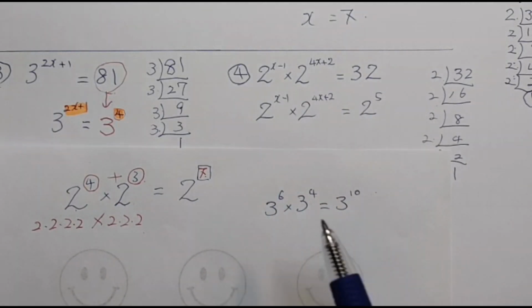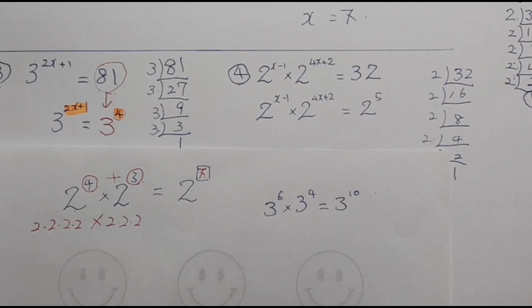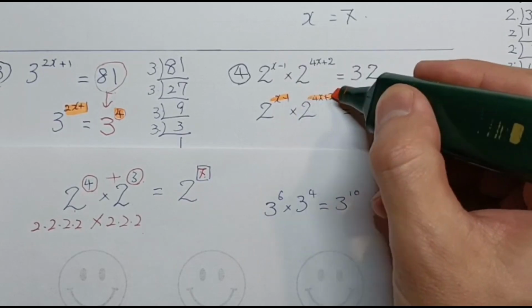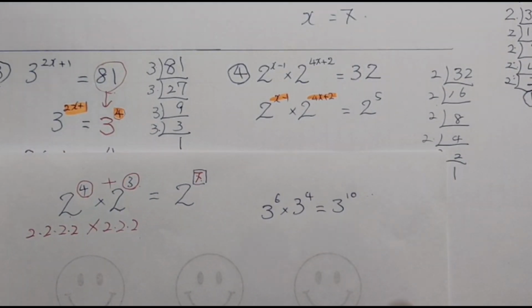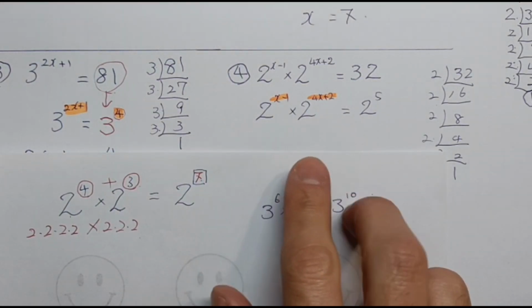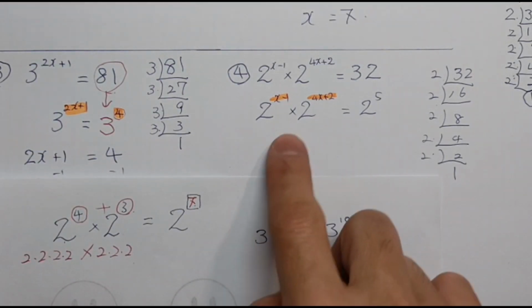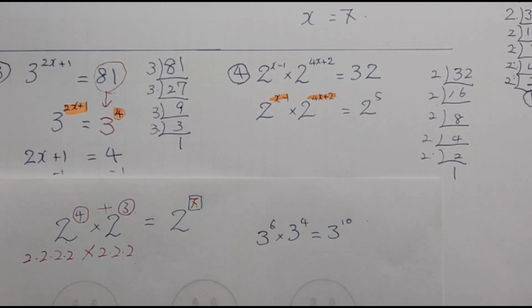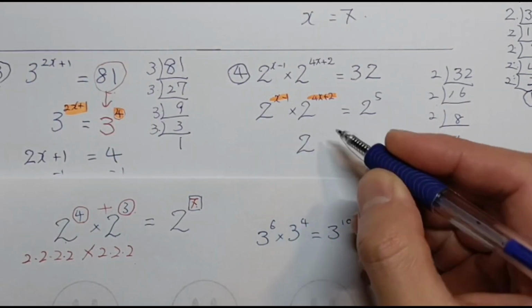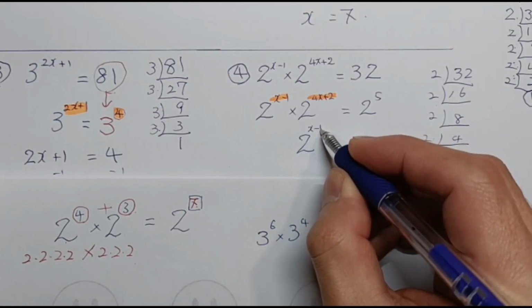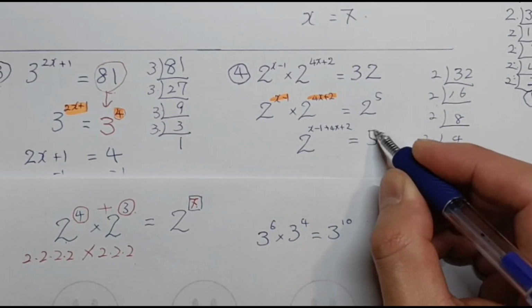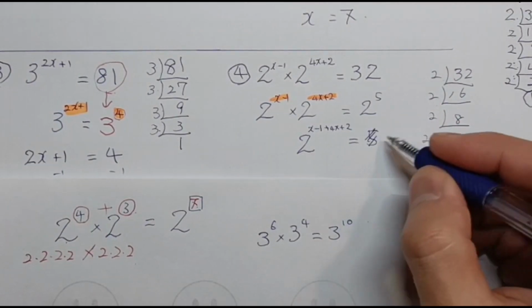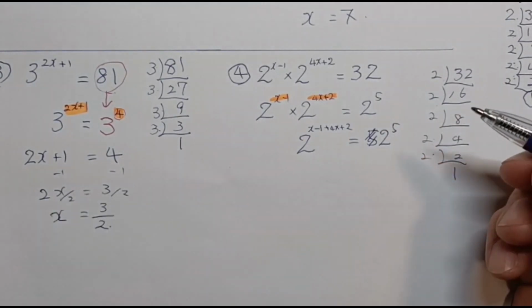So if we follow this structure, if you add these two index numbers, you can put this form into one base form, which means 2 to the power of x minus 1 plus 4x plus 2 equals 5. No, sorry, 2 to the power of 5.